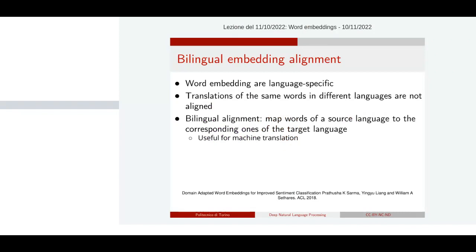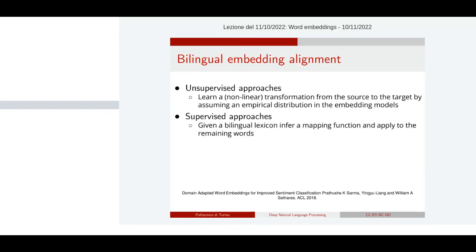It can be useful, for example, for machine translation, even if, as we will see later on in this course, the best performers do not rely on word embeddings, but on transformers right now. But of course, this is a possible way to tackle the issue. The unsupervised approach consists in learning a transformation from a source language to a target.